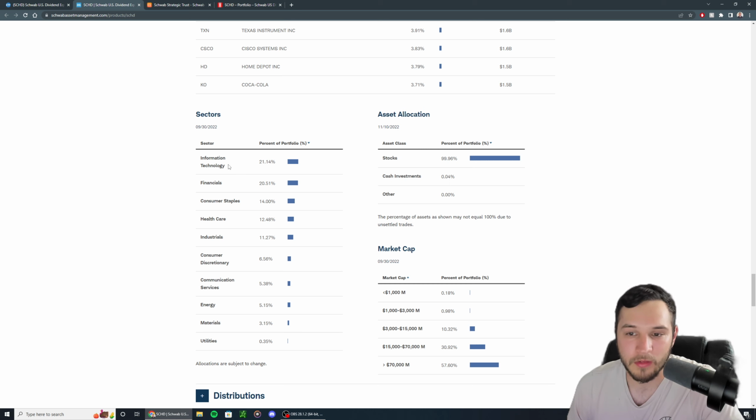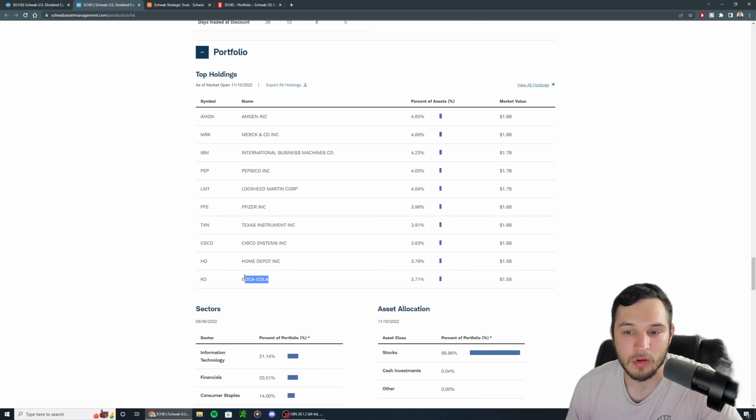As of right now, the largest portfolio percentage is information technology, with financials, consumer staples, healthcare, industrials. Energy is towards the bottom, and historically, energy usually does pay out high dividends. The problem with energy companies, though, is that they may not have a strong history of growing dividends, or strong debt ratios.